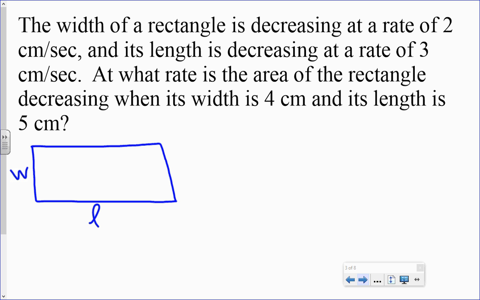Rate of change. Derivative! You guys are saying all wonderful things, but I just wanted the simple one. It's the derivative, right? So, if our rectangle's width is decreasing at a rate of 2, then you can put this under your plan. That means dW/dt is negative 2 centimeters per second.